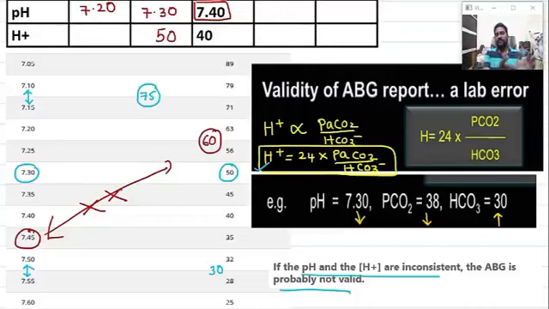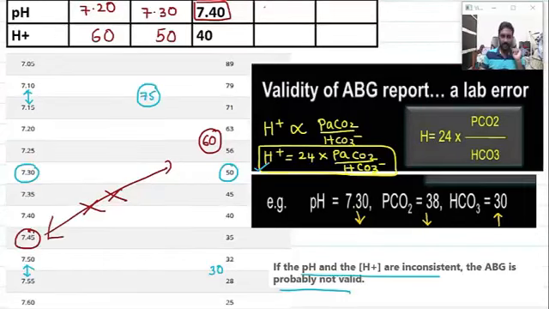So pH is decreasing by 0.1, and H plus is increasing by 10. Now if pH has decreased from 7.30 to 7.20, approximately H plus in the body will be 60.